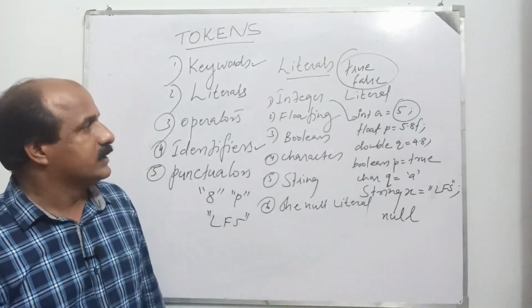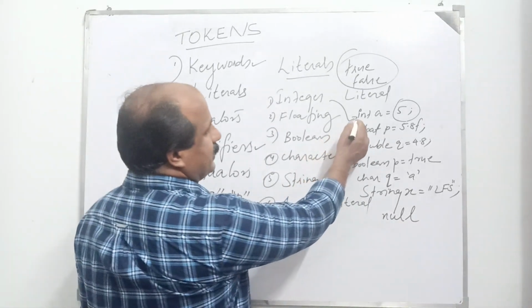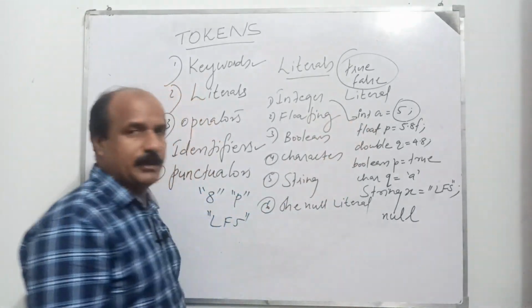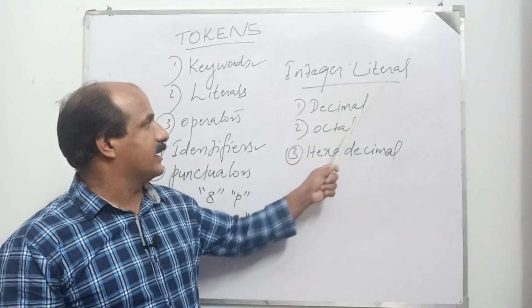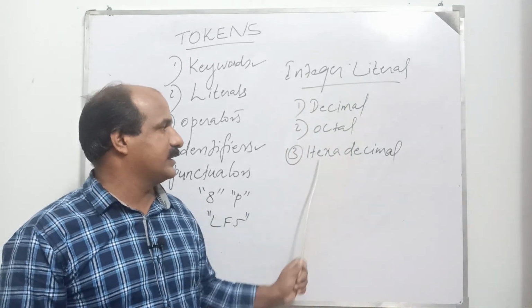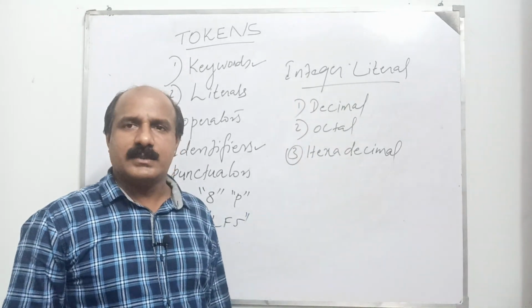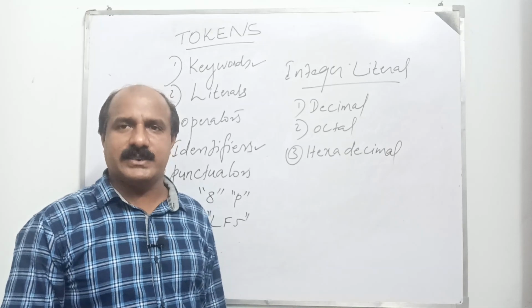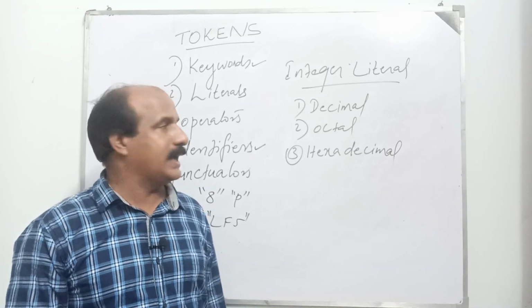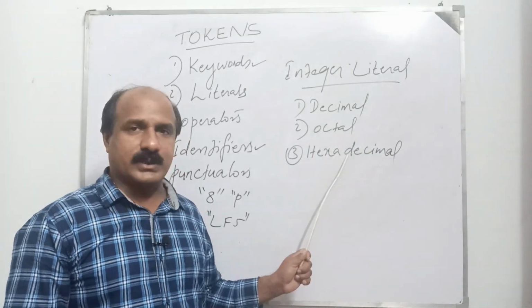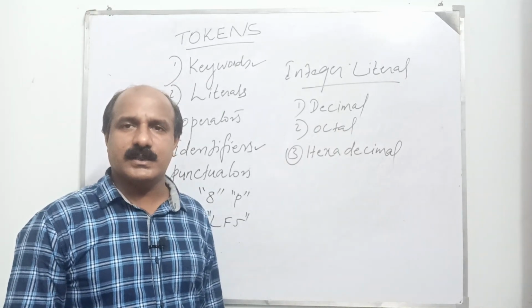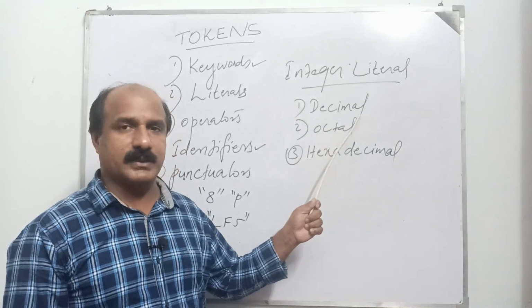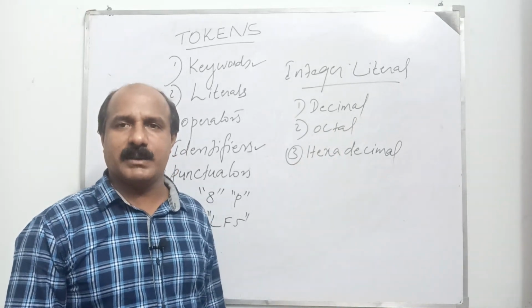Now see, integer literal. There is a categorization for integer literals. One is decimal, then octal, then hexadecimal. The simple meaning is you can write numbers in different formats in computer. In day-to-day life, which number system are you using? You are using the decimal number system. What do you mean by decimal number system?